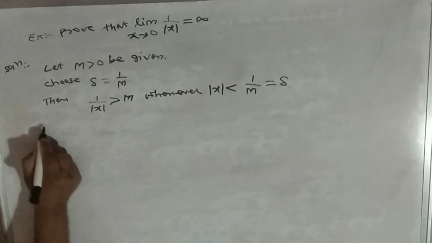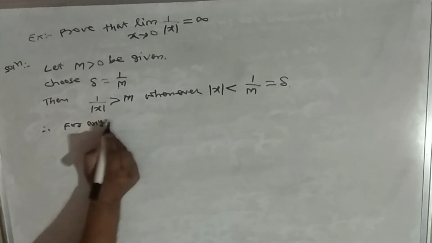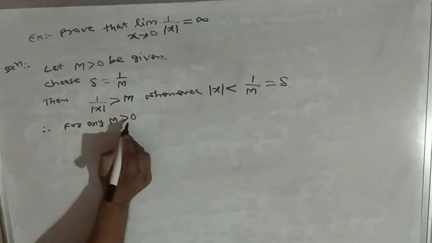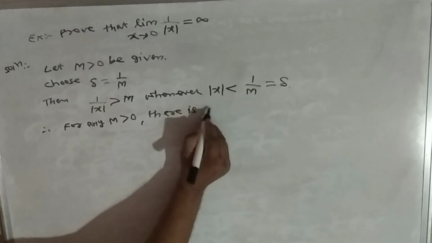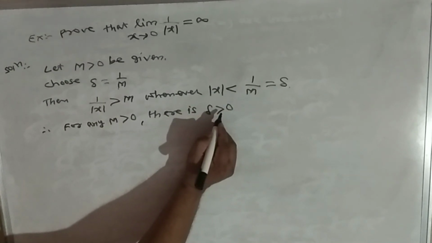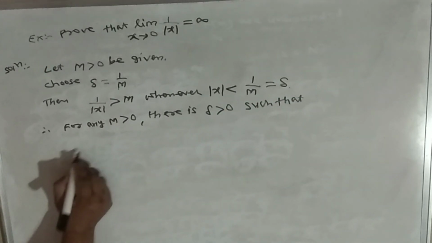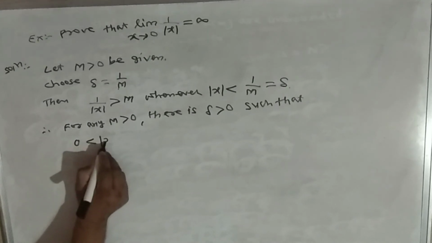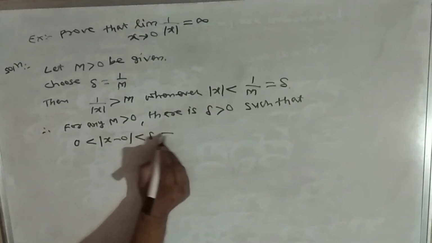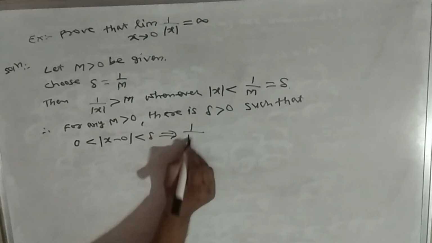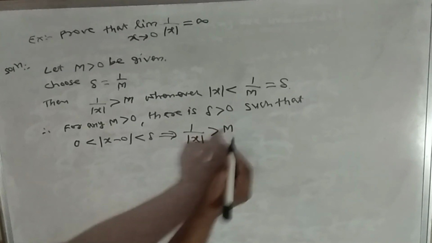And therefore, hence, for any m greater than 0, there is delta greater than 0 such that 0 is less than mod x minus 0 is less than delta, and this implies that 1 upon mod x is strictly greater than m.